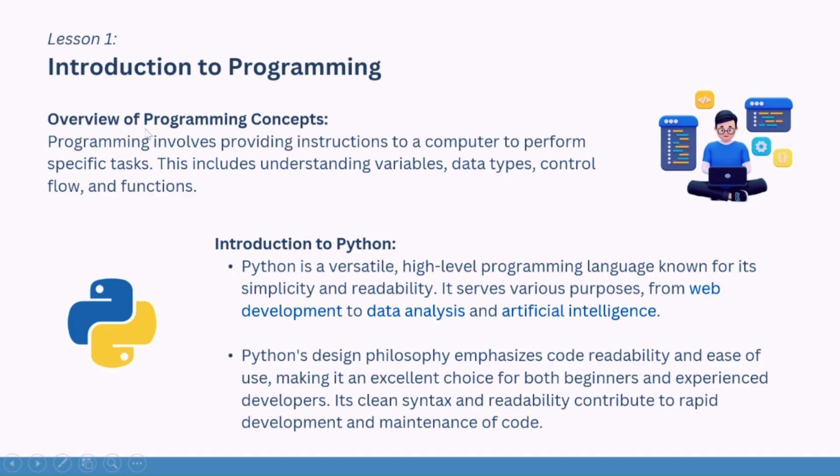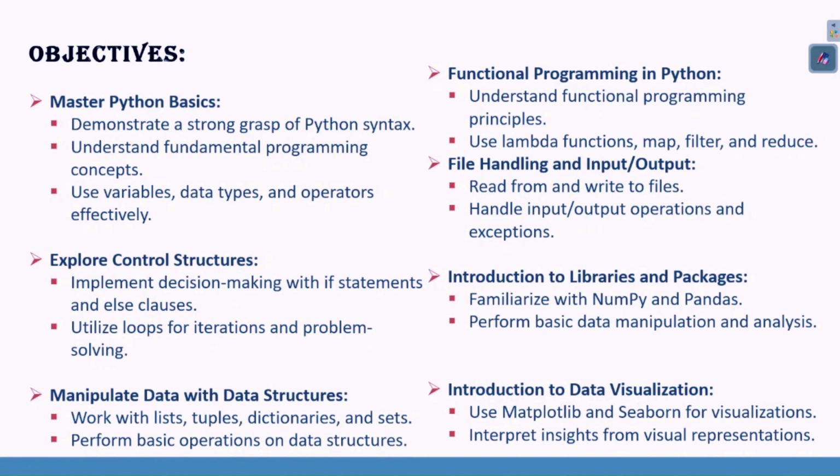Now let's talk briefly about what we are going to cover in this course. First we will discuss the basics of Python. We will show you what a variable is, what a data type is, and what operators we have.